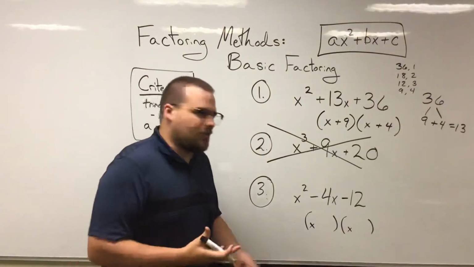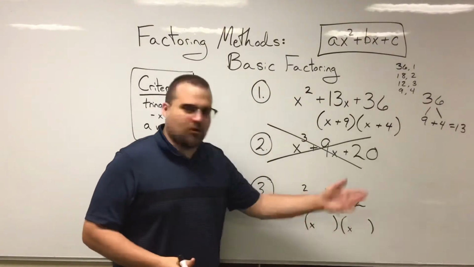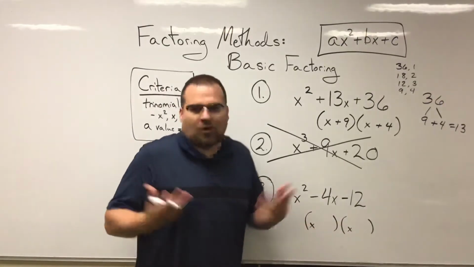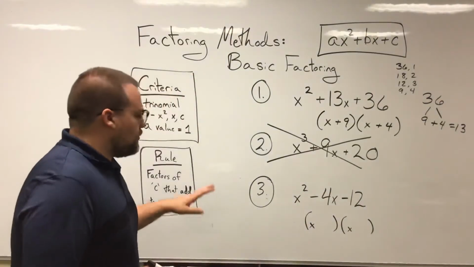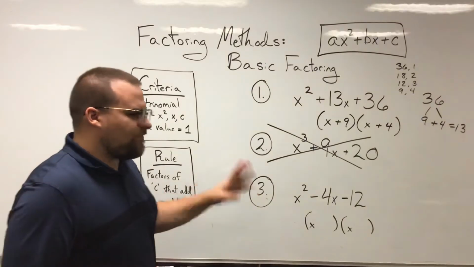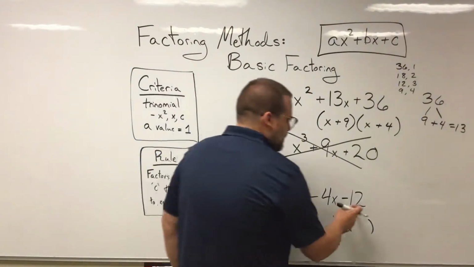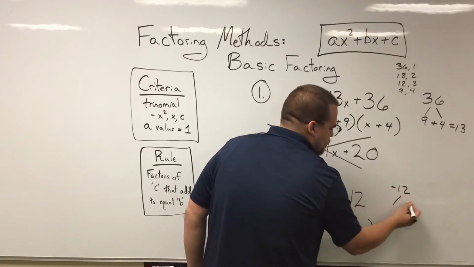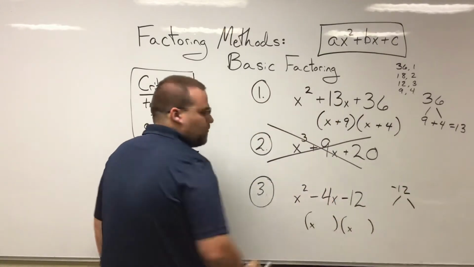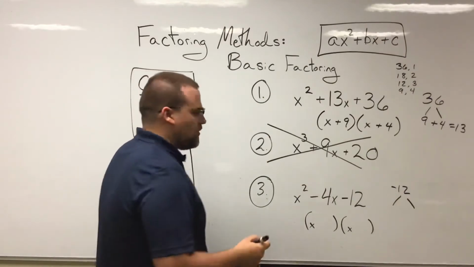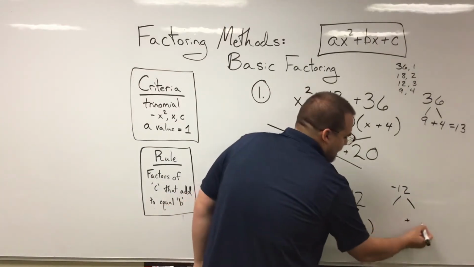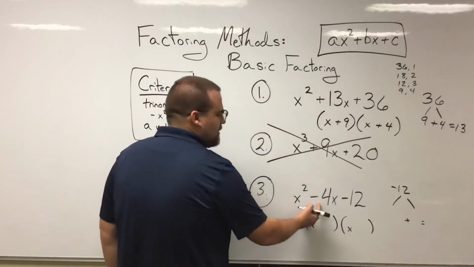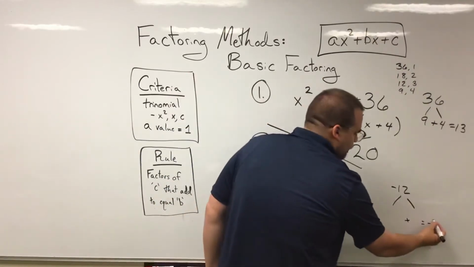If you have a polynomial that says r squared and r and constant, then they would each start with r, that kind of thing. So we want to find factors of c. C here is negative 12. Always remember it has to keep the sign with it. So factors of negative 12 that are going to add to equal b, negative 4.